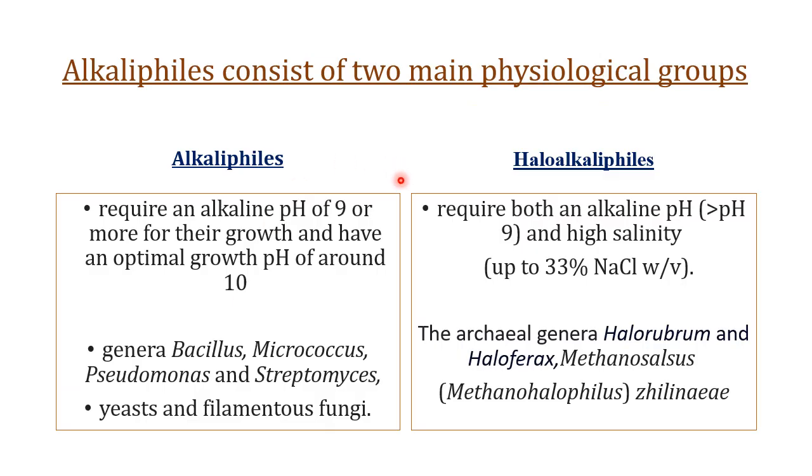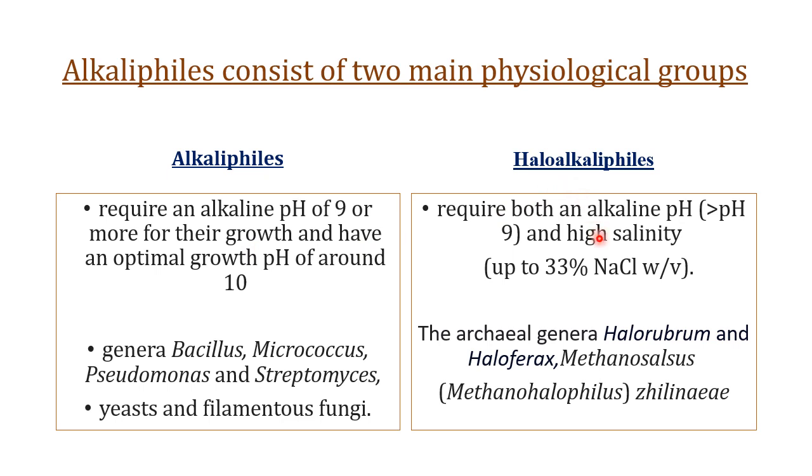See, this is the reason why I told you that you can use the sample of even saline water, because there are two main physiological groups of alkaliphiles. One is normal alkaliphiles and another one is haloalkaliphiles. Now, what is the difference? Alkaliphiles require an alkaline pH of 9 or more for their growth and have an optimal pH for growth of 10.